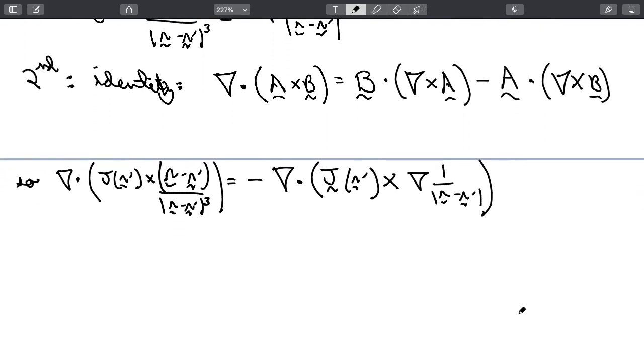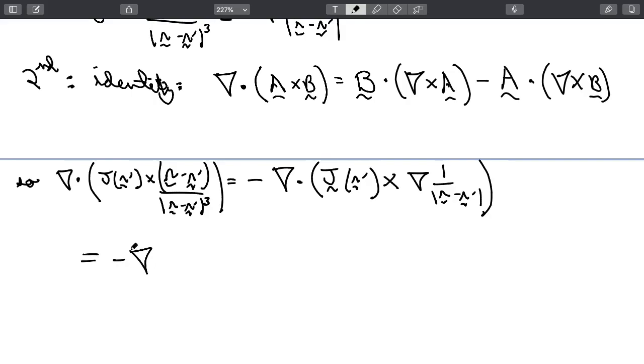Now we can use this identity here, noting that the divergence is a function of R. It's not a function of R prime. So the application of this operator on this one does nothing. You have to remember that. So what do I get using the identity?